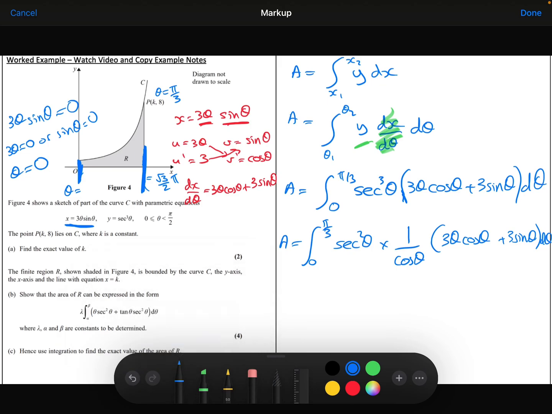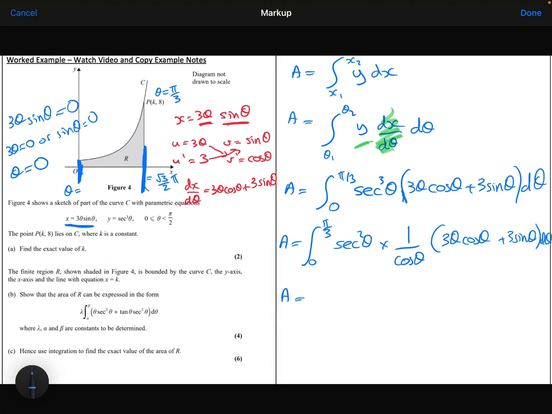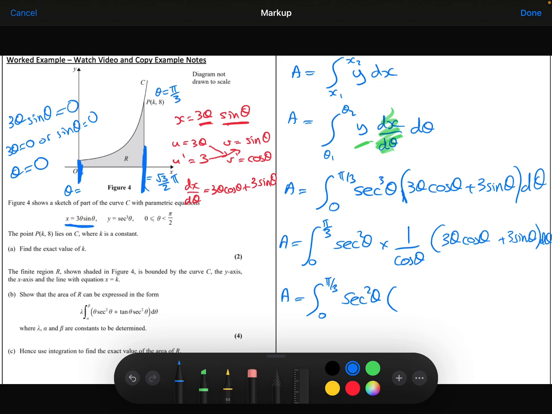And if I expand the brackets now, you can see why all of that was a good thing. Inside this bracket then I've got 1 over cos theta times 3 theta cos theta. So these coses are going to cancel out and just leave me with the 3 theta. And then I've got the 1 over cos theta times the 3 sine theta, where the sine theta over cos theta would become 3 tan theta.